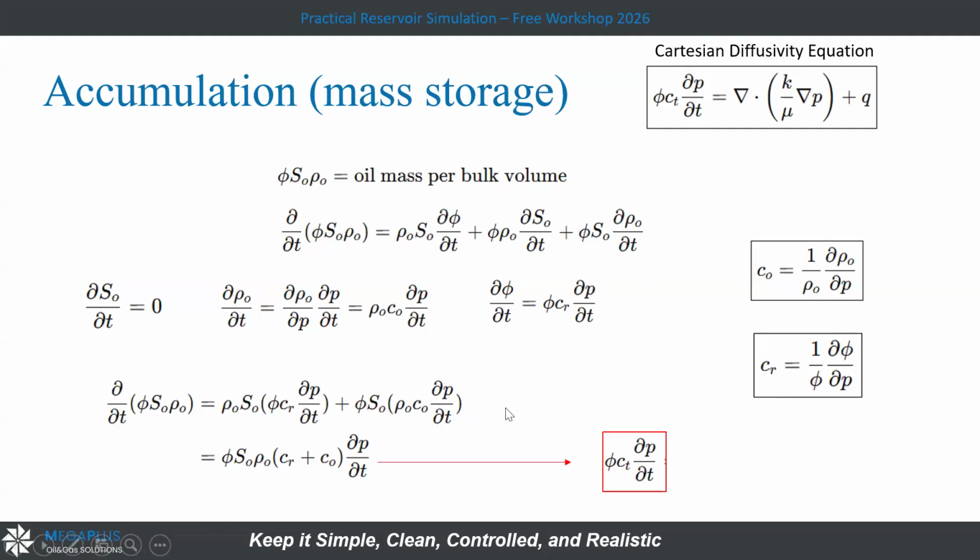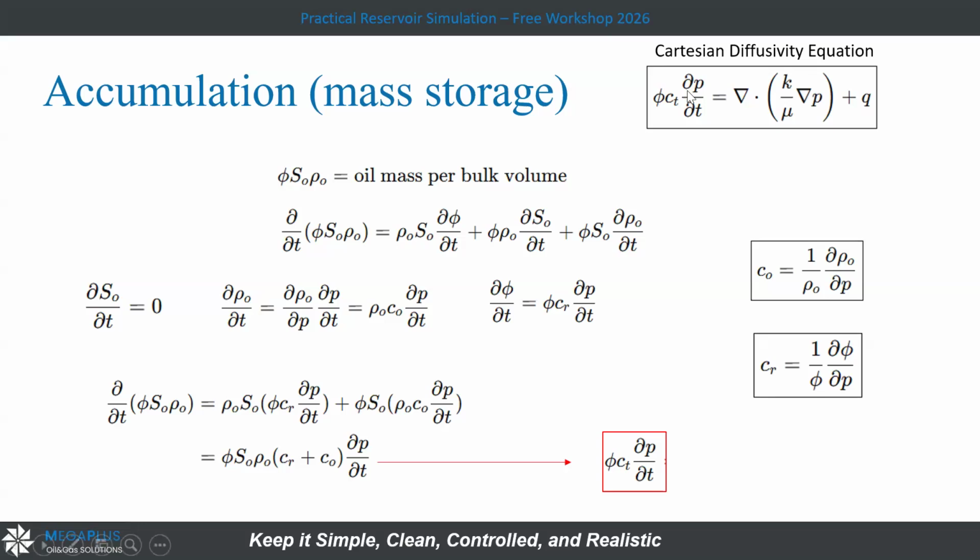So the summation of all of that will be the porosity multiplied by saturation multiplied by the density, and the compressibility of rock and oil will be the total compressibility. This is how this terminology happened. But this terminology is divided by the density finally, because you will see at the end that we are talking about mass balance.